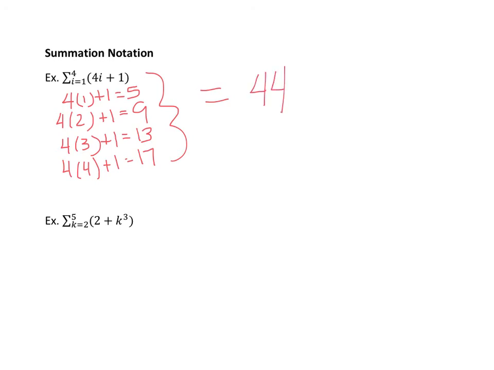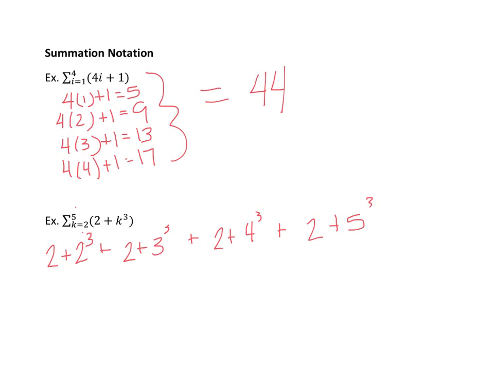Try this next one, see if you can do it on your own. This time we're going from the second term to the fifth term, bottom to the top. So k is what we're substituting in. So 2 plus 2 cubed plus 2 plus 3 cubed plus 2 plus 4 cubed plus 2 plus 5 cubed.